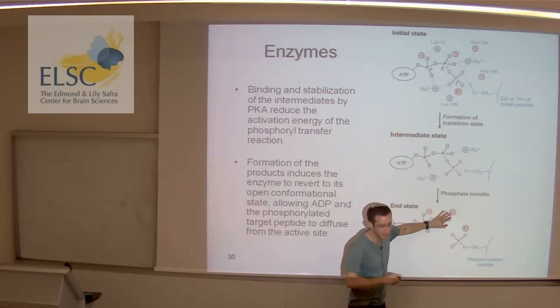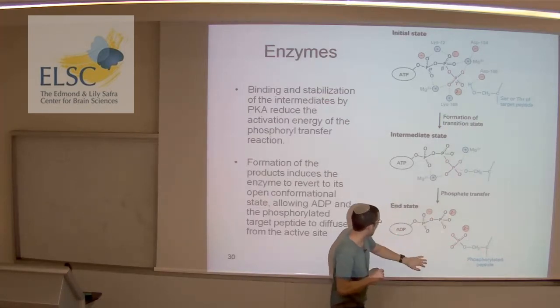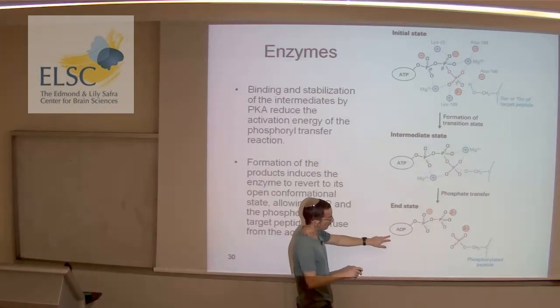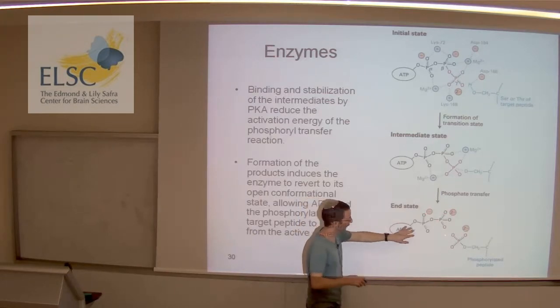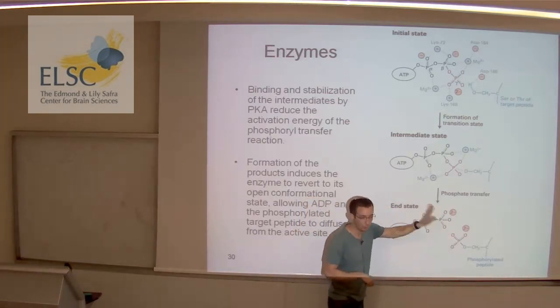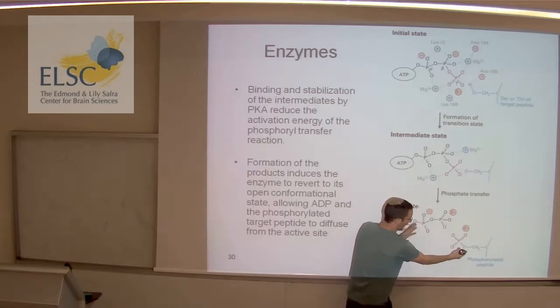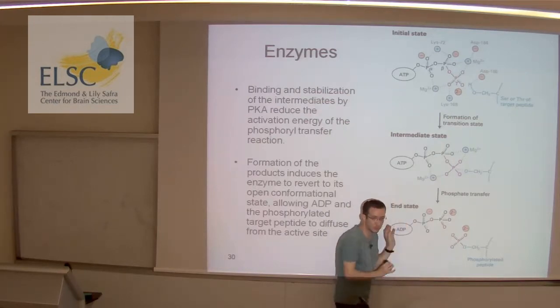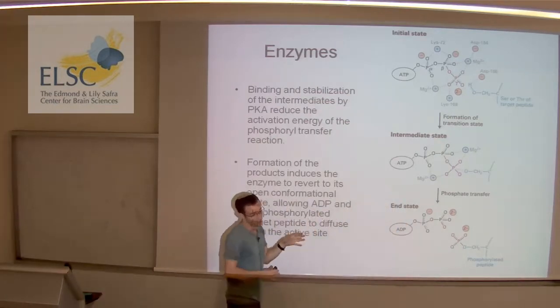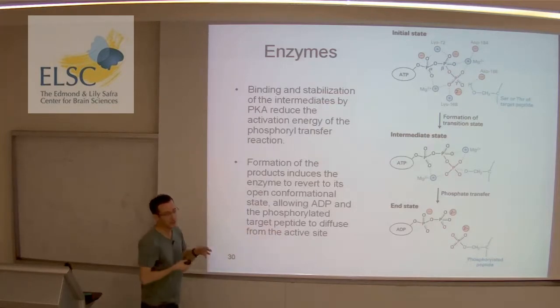This peptide is now phosphorylated. The PKA succeeded in its task, and we are left with an adenosine diphosphate, ADP. So in this case, the glycine loop opens, and these two products dissociate from the active site. So you see that it's a very essential role of the glycine loop.